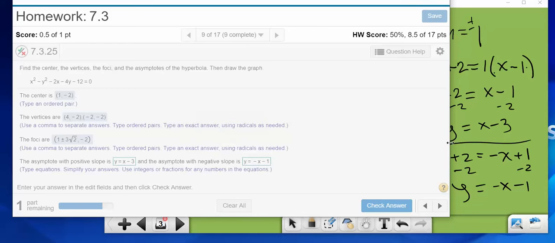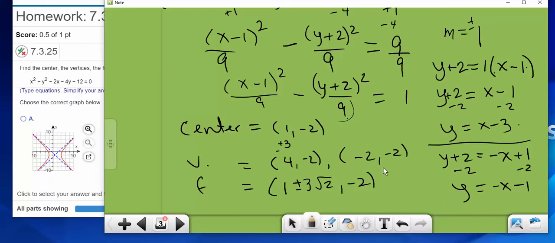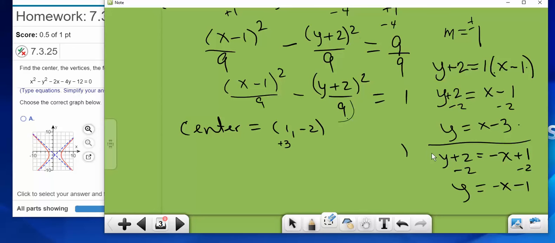Now our graph, let's do a rough sketch of it. I'm going to erase all this stuff except the center. The center is 1, negative 2.